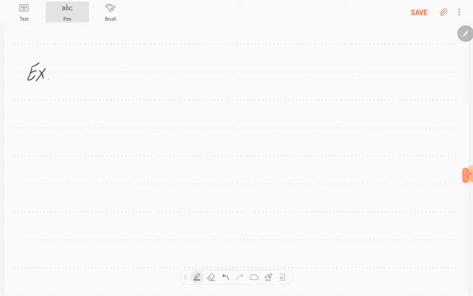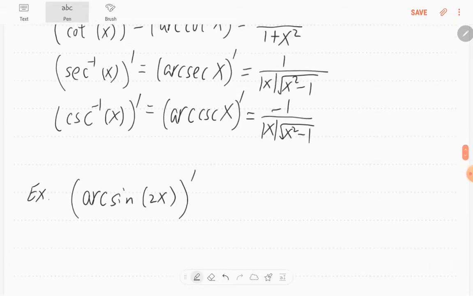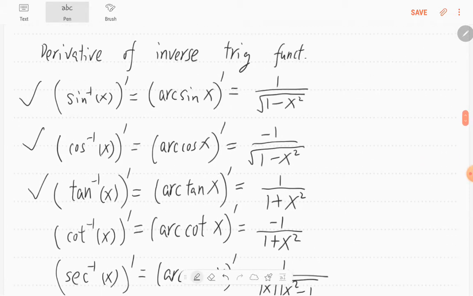Okay, so we want to look at the derivative of arc sine of 2x. The derivative of arc sine of x is 1 over square root of 1 minus x squared, right?